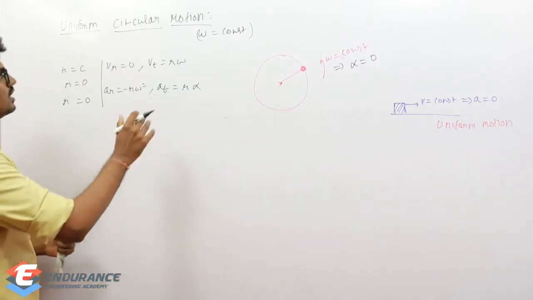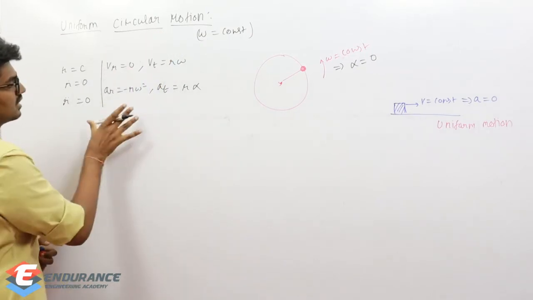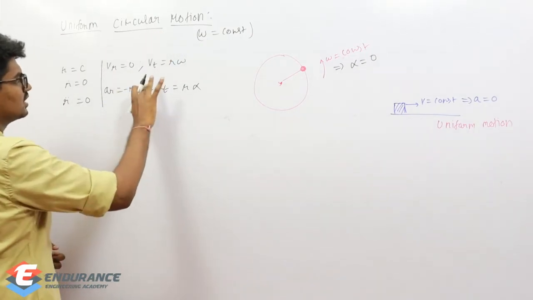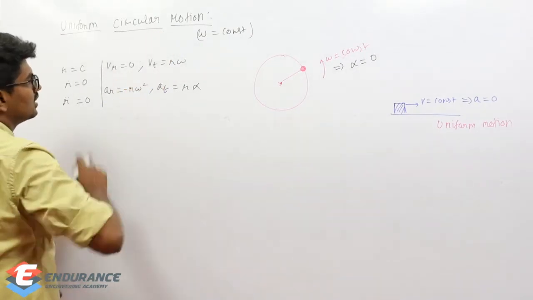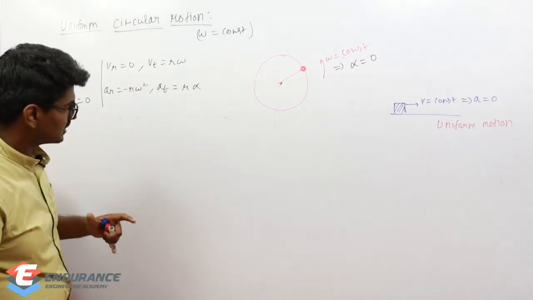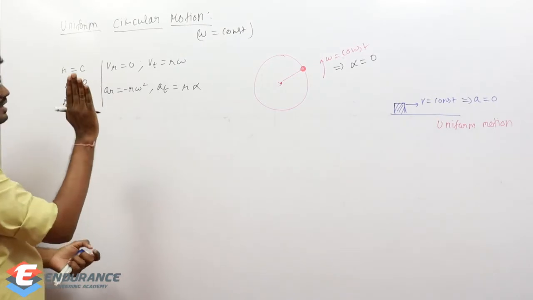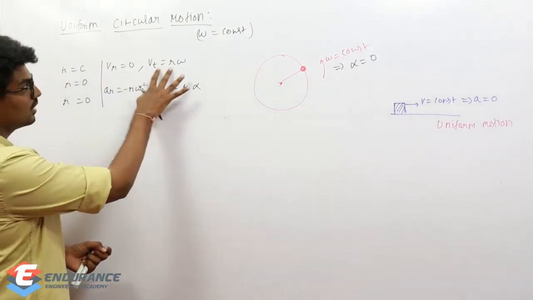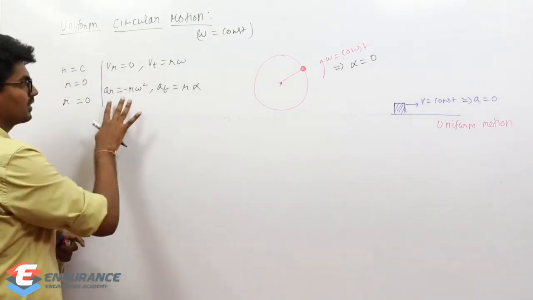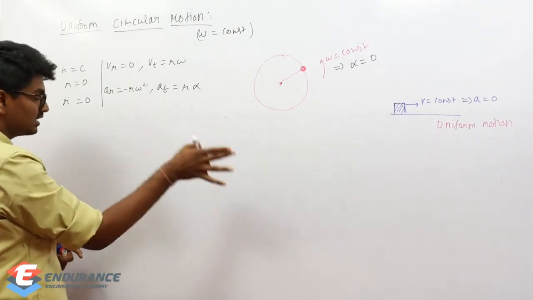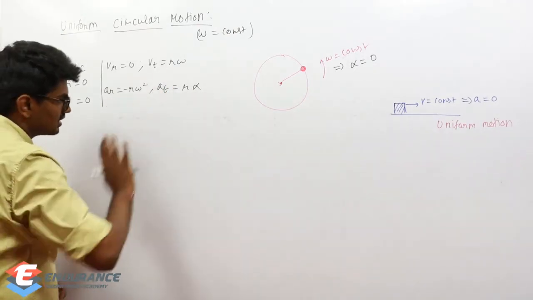Now we already know that if it is circular motion, these are always true: r is constant, r dot is 0, r double dot is 0, radial velocity is 0, tangential velocity is r omega, radial acceleration is minus r omega square, and tangential acceleration is r alpha.